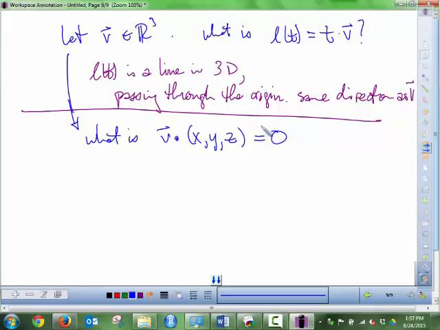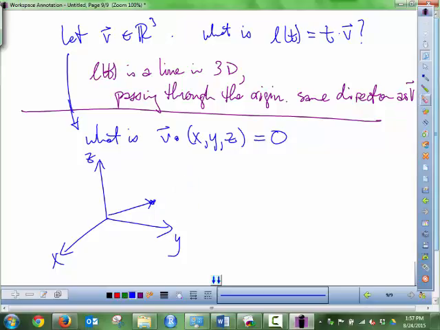So think about x, y, z as some random point. This is my axes, x, y, z, and think about this vector x, y, z as some random point. Well, why don't we start by looking at this as a vector v? Sorry. Let's think about that as a vector v.